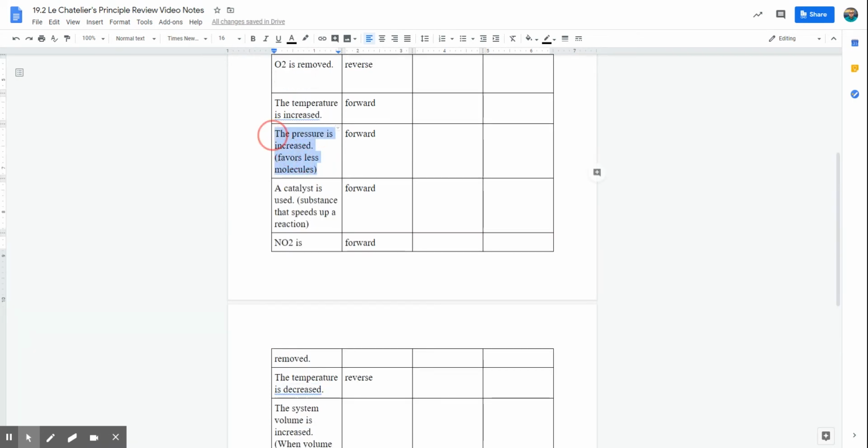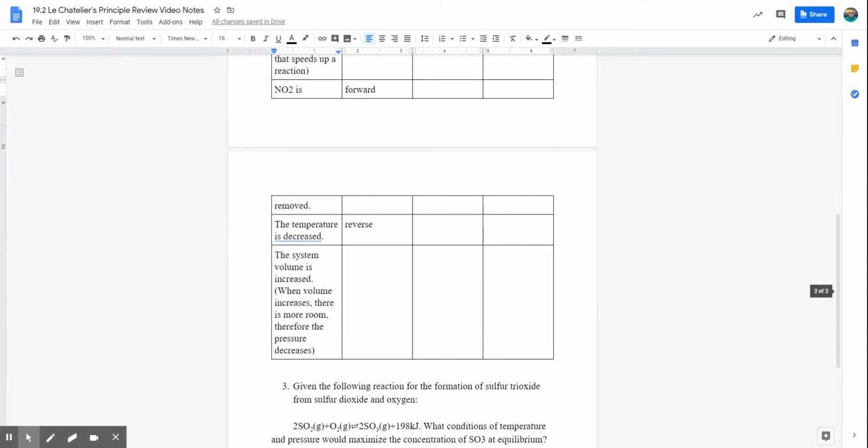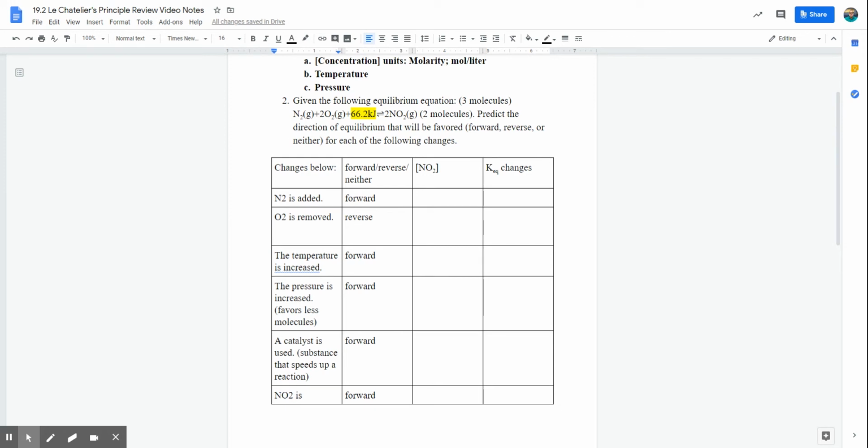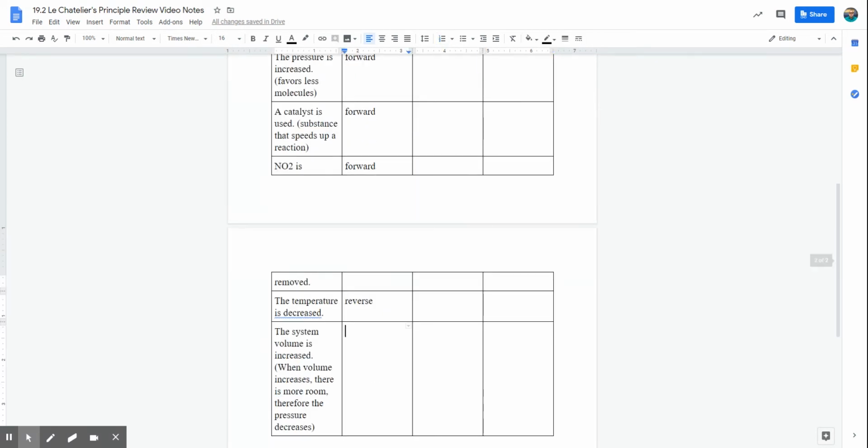Up here, if you notice, the pressure was increased. So you would have to make the container, the chamber, smaller in order to increase the pressure. But in this case, it's saying that the volume is increased. So that means there is more space, which means that more molecules can be in the container. So it'll favor the side that has the 3 molecules versus the 2 molecules. So that would be the reverse reaction.